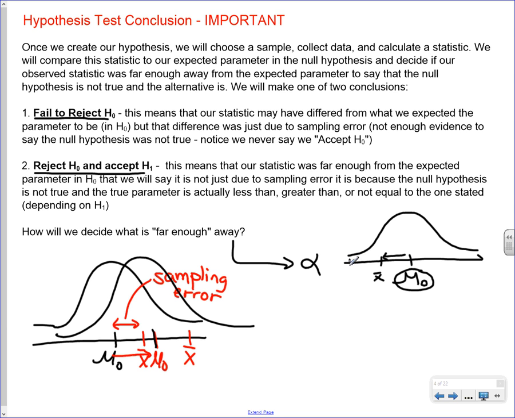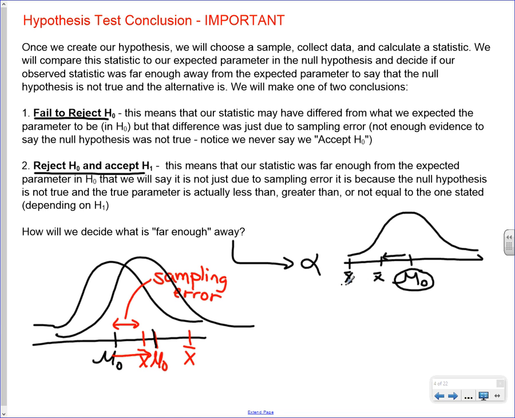But if it is really far away, let's say like down here, we would say, well, the chance that would happen due to sampling error is really, really small, right? It's very unusual to get a statistic this far away. Let's say this is beyond 3 standard deviations away. So it's very rare for that to happen. So it's more likely that this is not the true mean, okay?